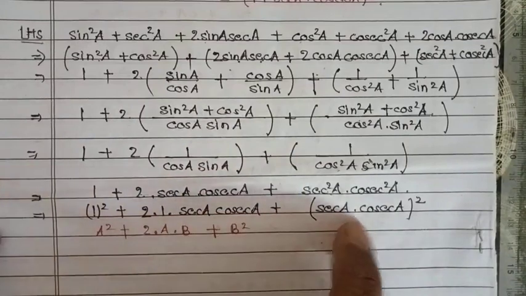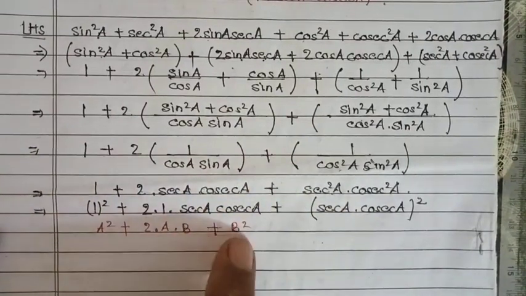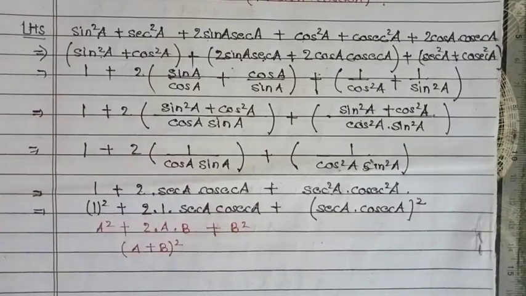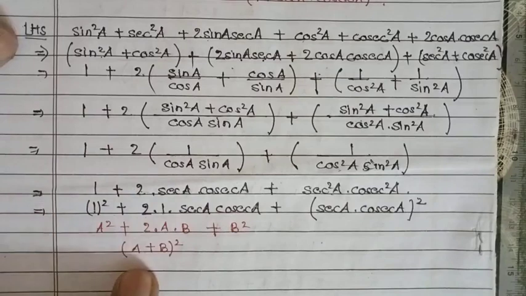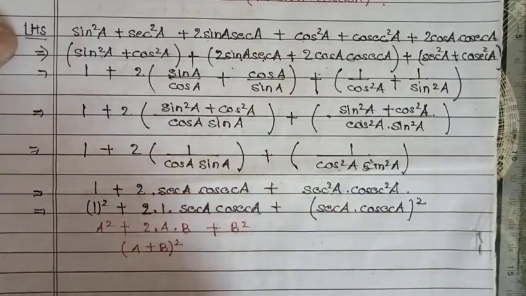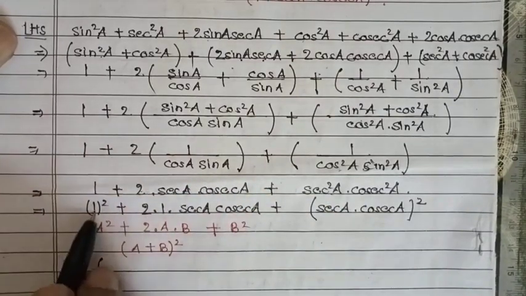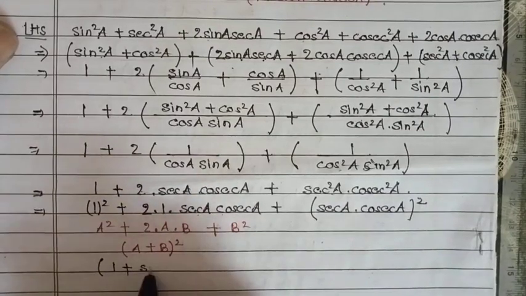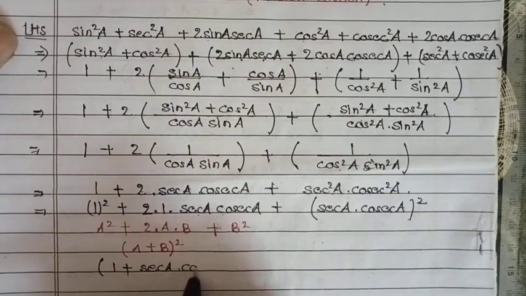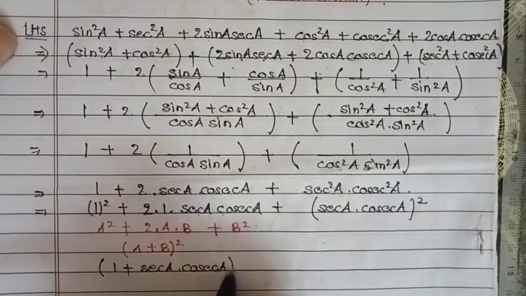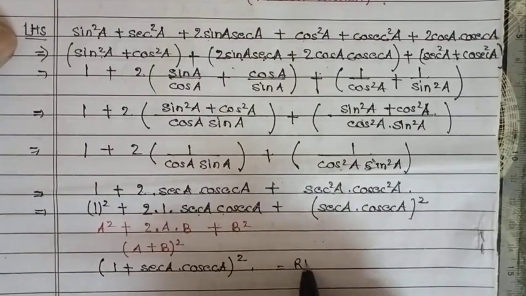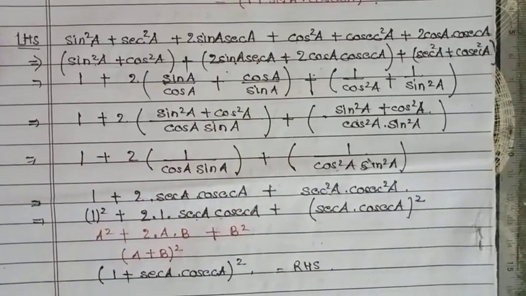So I am getting this expression in the form a square plus 2ab plus b square. This will give you a plus b whole square. Applying this, I can write the above expression as a plus b whole square. Here a is 1, b is sec A cosec A, whole square. So this is equal to the right side. This was required on the right hand side.